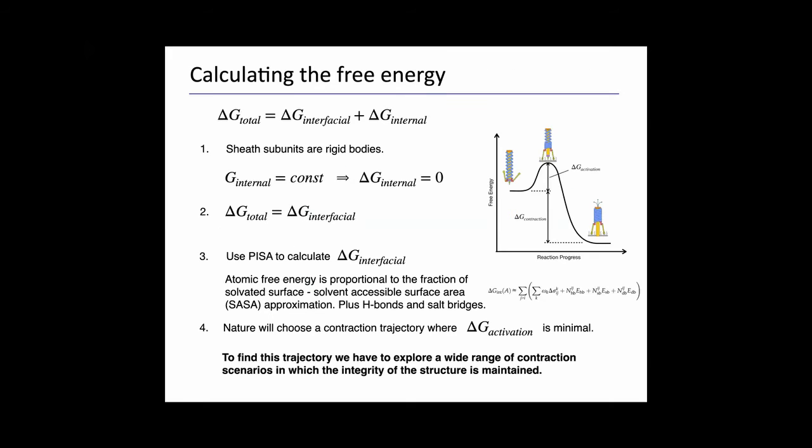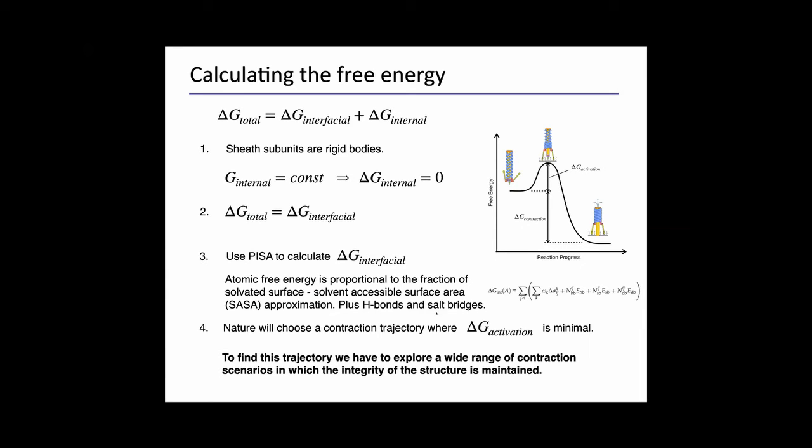But now, if we assume that the fold is preserved, that means that there's no change of internal energy, or that change can be neglected. So all of the energy is interfacial, and so we have a semi-rigid body approximation. There's a little bit of deformation in the sheath subunit.